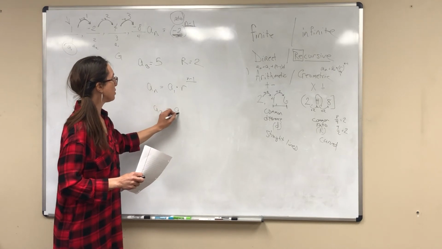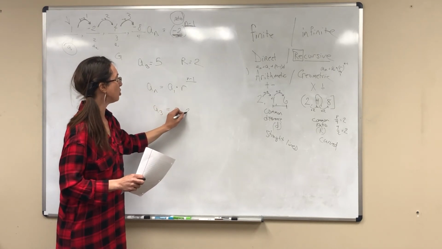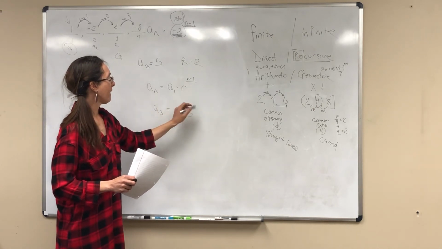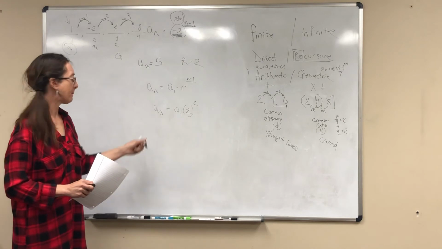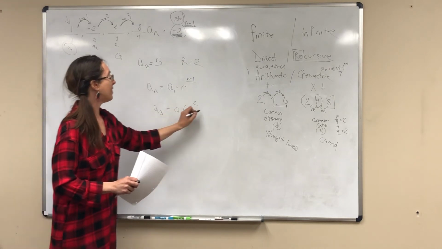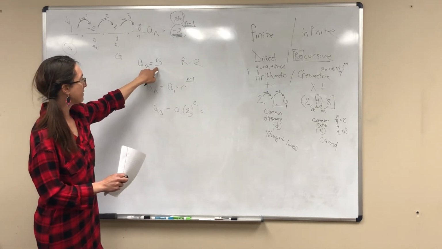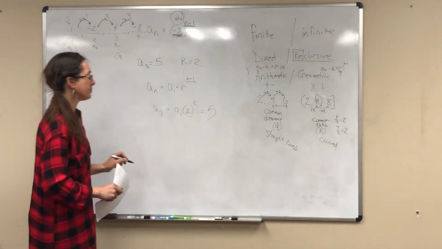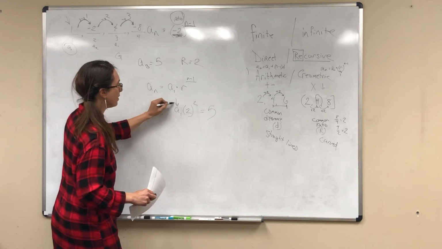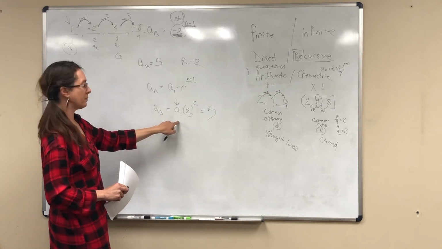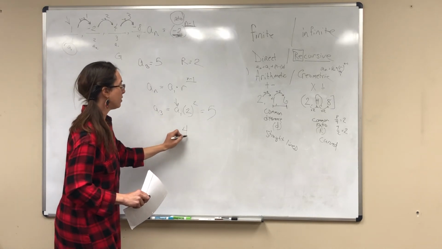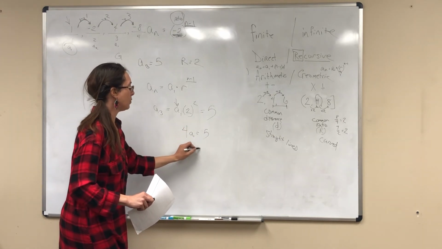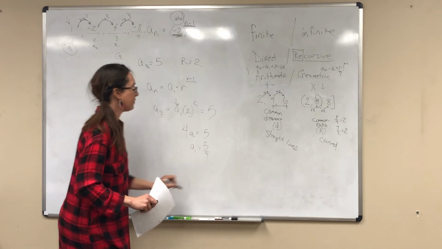is equal to my first term times my ratio, 2, squared, because it's 3 minus 1. And that is equal to 5. So now I can solve for my first term because I have 4a equals 5, so a_1 equals 5/4.